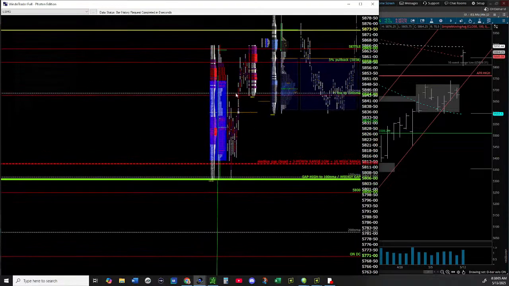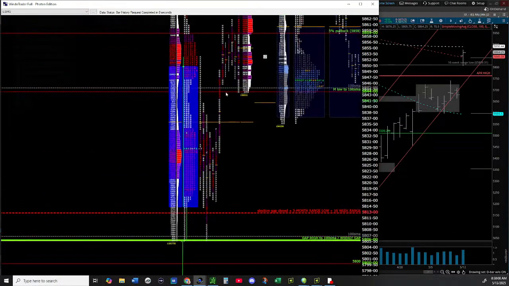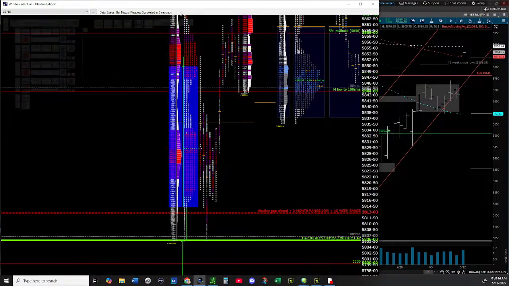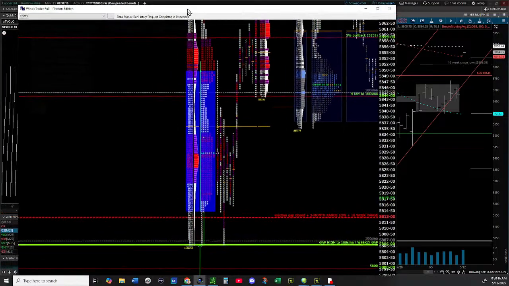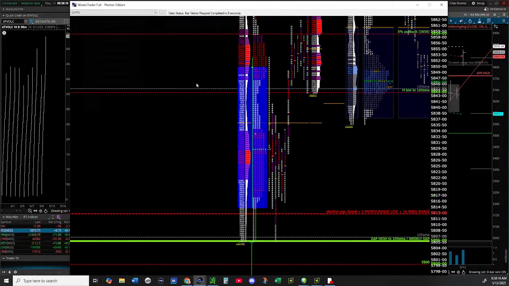When the market opened yesterday, way up here, we had a sell-off coming because the overnight inventory was extremely long. Notice what happened.